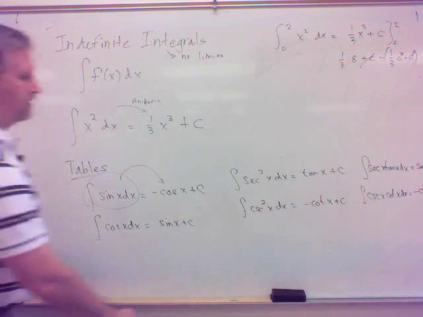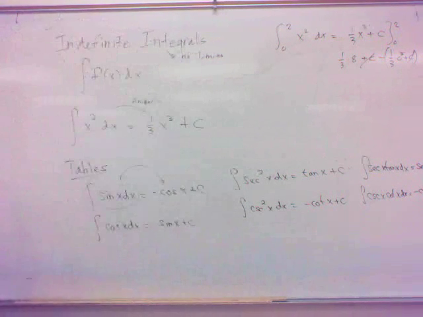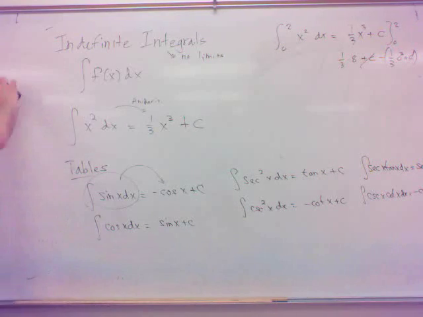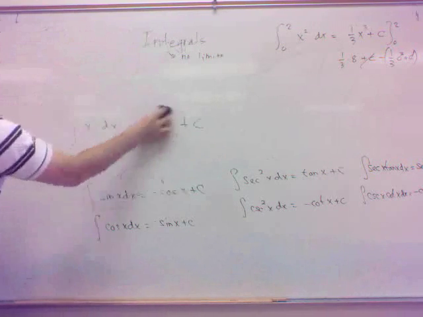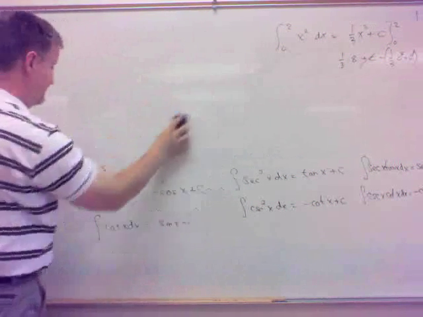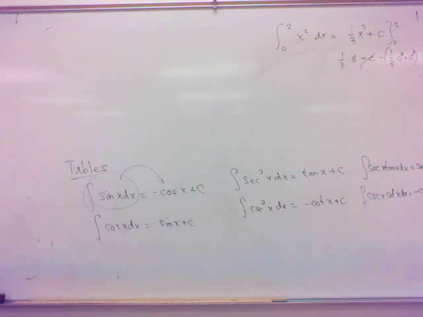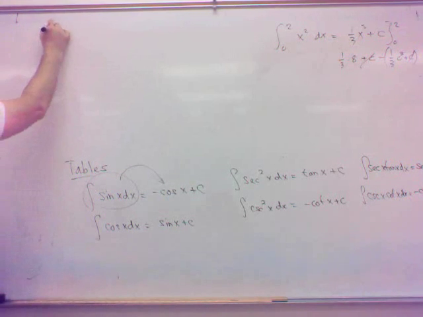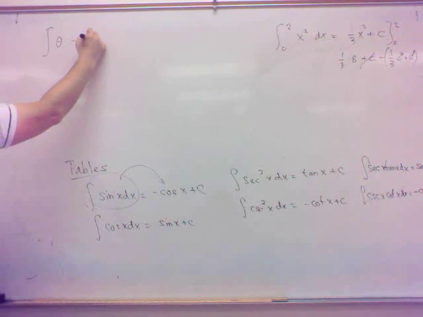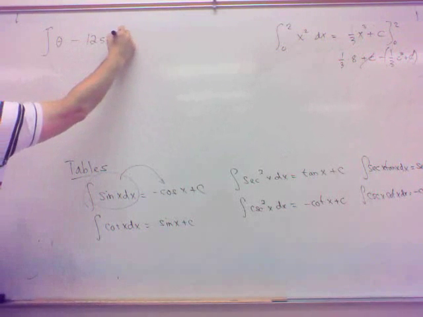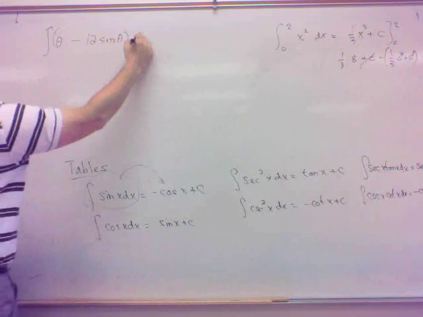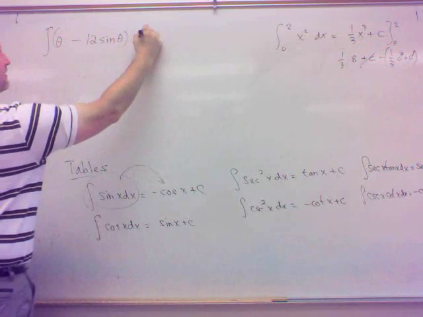Let me just go through a couple of problems here. So really, this is nothing new. Actually, these problems are easier because you don't have to evaluate with the limits. So what would this one be? The integral of theta minus 12 sine theta d theta.